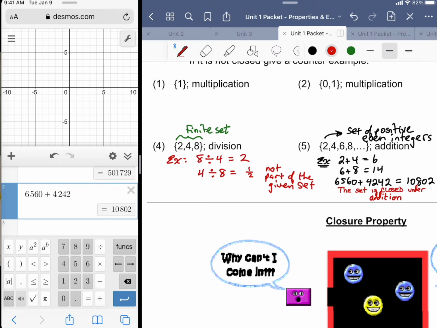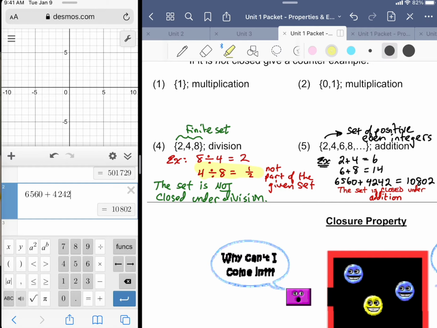So the set is not closed under division. I'll say the set is not closed. All right, and that's because we got what we call a counterexample.